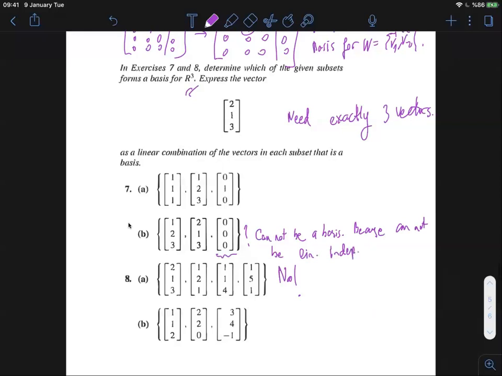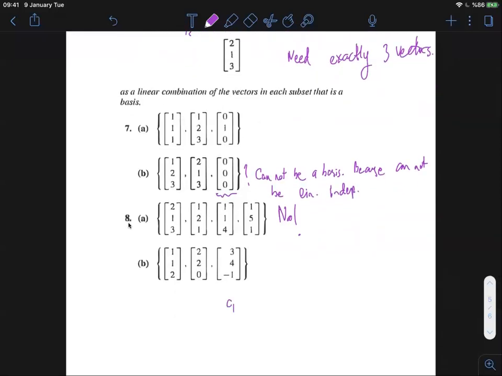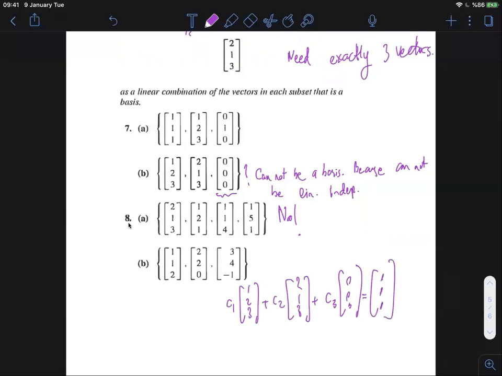Okay, what is the reason for that? Because if you write this equation, it will always have non-trivial solutions, because I can always choose C1 and C2 to be 0 and C3 to be any number I want. I can choose 10, I can choose 95, doesn't matter.